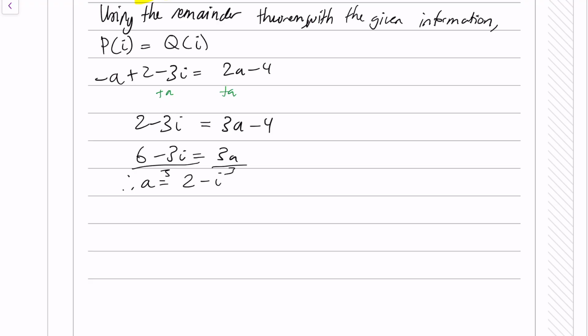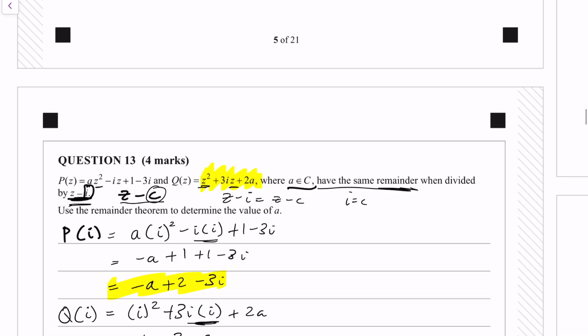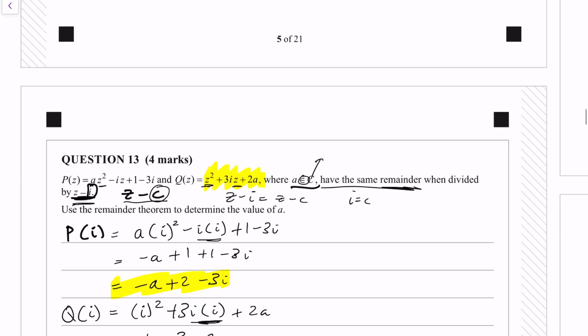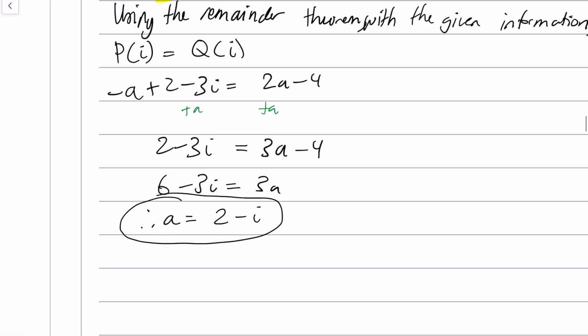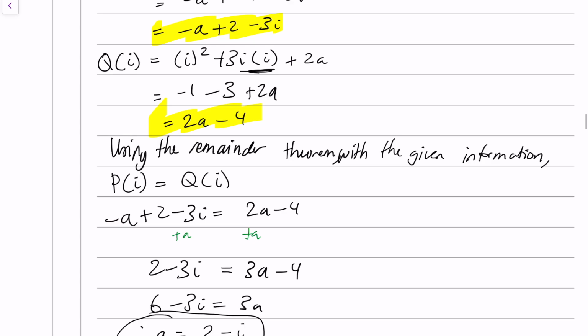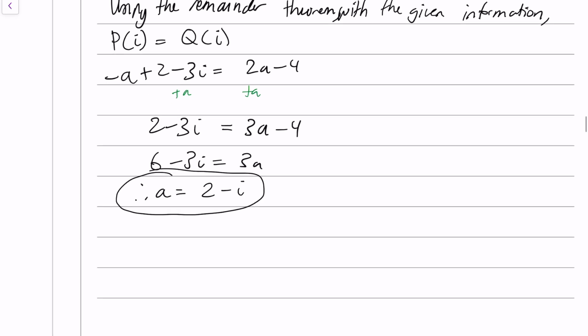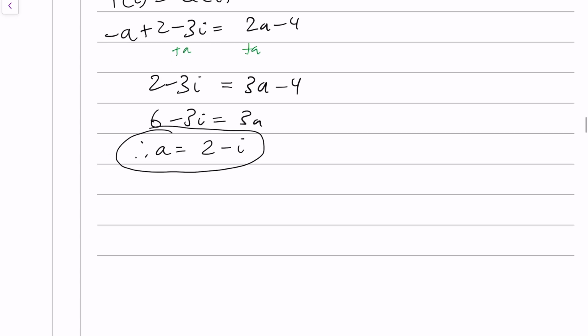And so, just to put that clearly, a is equal to 2 minus i, and I can confirm that because I know that a is a subset within the complex numbers, and that would be our real component is 2, and our imaginary component is negative 1. Right.